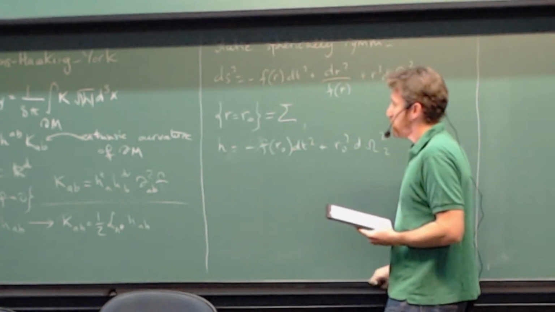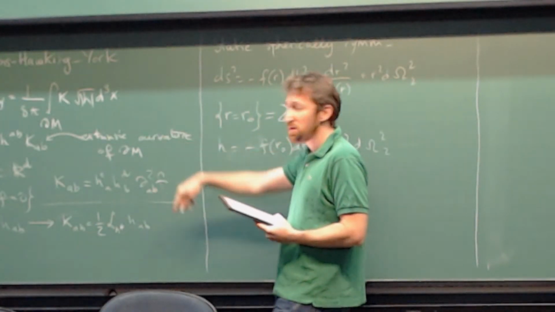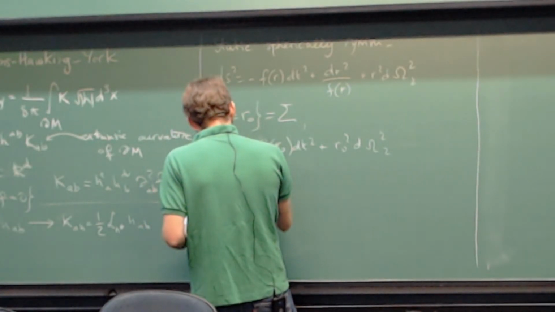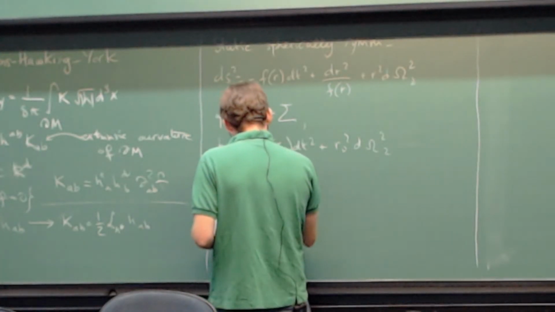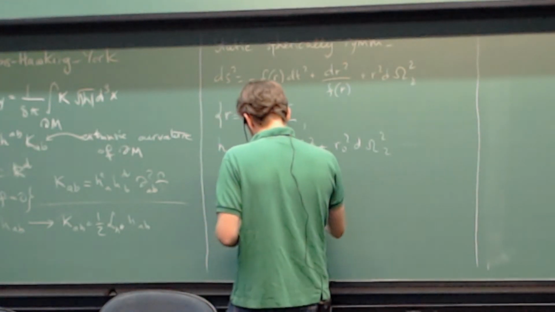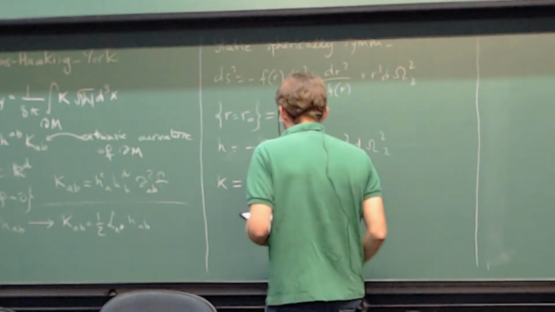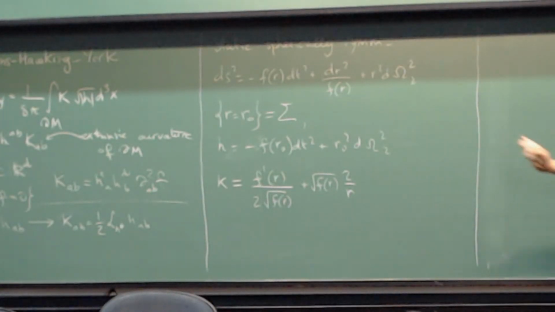And then we can compute the extrinsic curvature from its definition. Then we take the trace using the induced metric, and it turns out that this trace is this. Okay, why did I choose to show this?